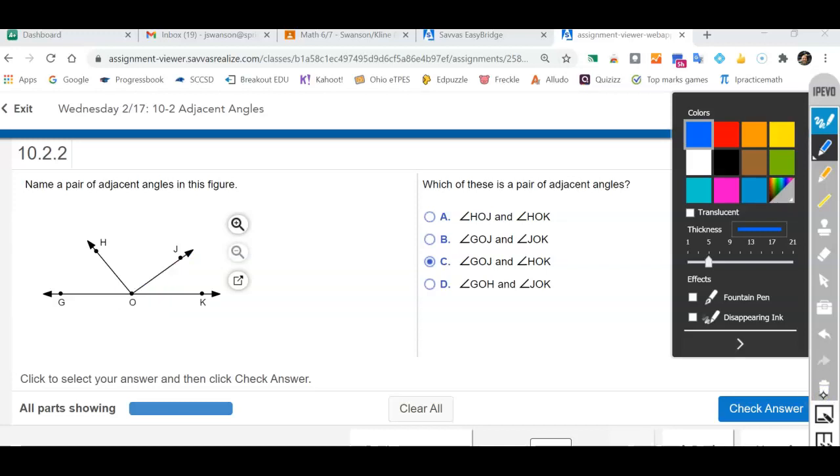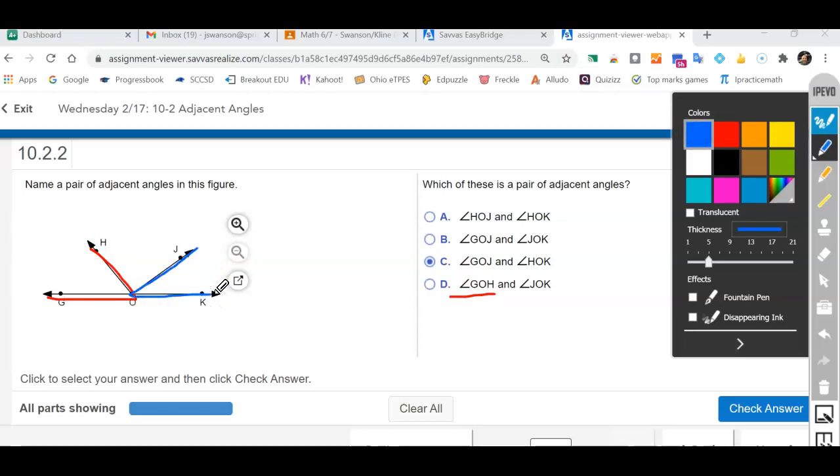What about GOJ, this one again, and HOK? Are those adjacent? No, they're not. They overlap. They don't even share a side. So that one is not. What about GOH and JOK?